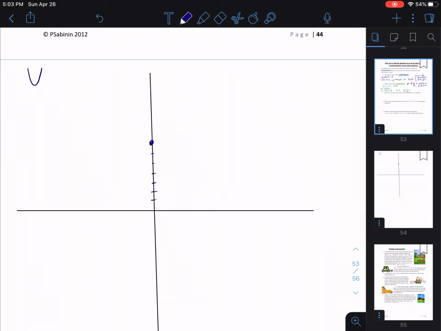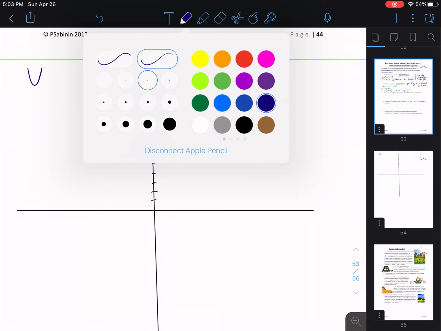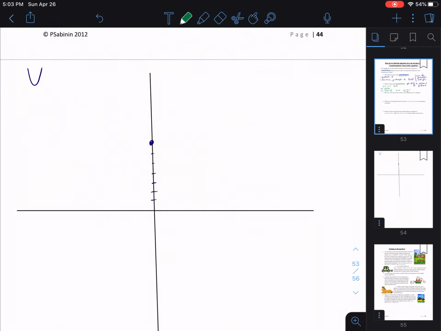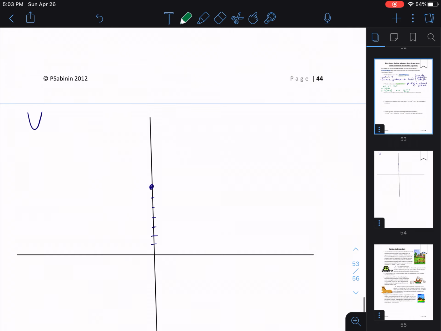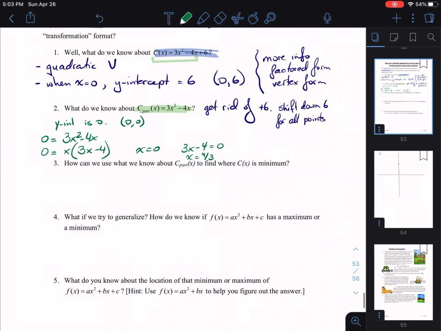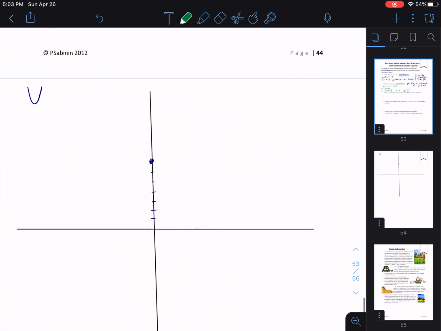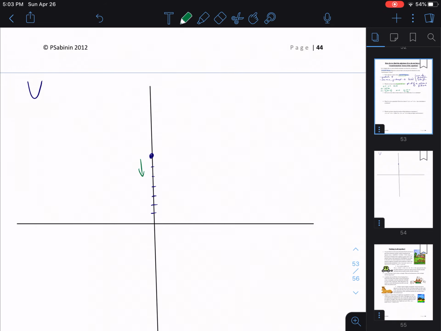But we don't really know where the vertex is or how it's placed. But what we did was we dropped it down 6, and we said, hey, one of the intercepts, if we drop this down 6, is going to go through (0, 0). But the second intercept is going to go through 1 1/3, or 4/3.